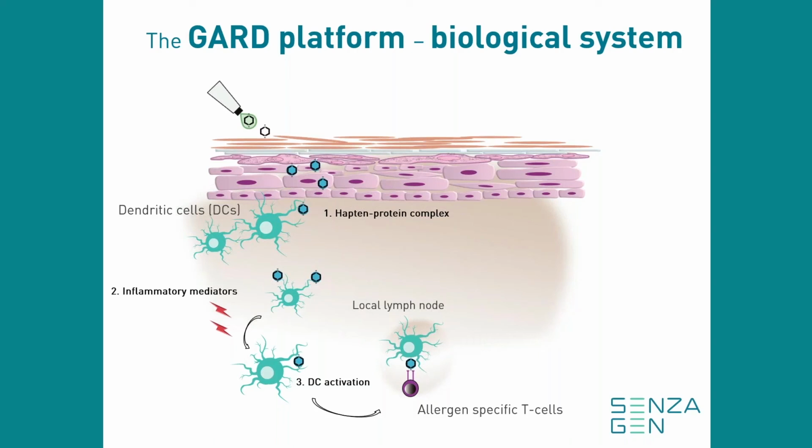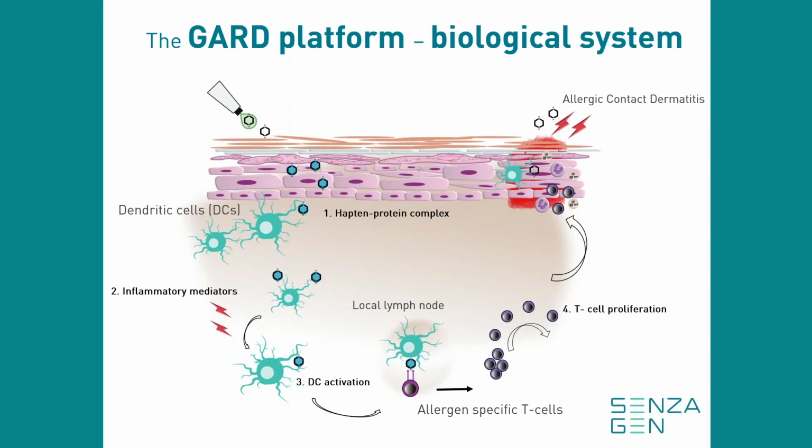Dendritic cells will migrate to the lymph node where they activate allergen-specific T cells. This is essentially the first part of the sensitization reaction, and this is what is referred to as the sensitization or priming of the immune response. Every time that you are then exposed to the same chemical, you will have T cell proliferation and eventually give rise to allergic contact dermatitis.